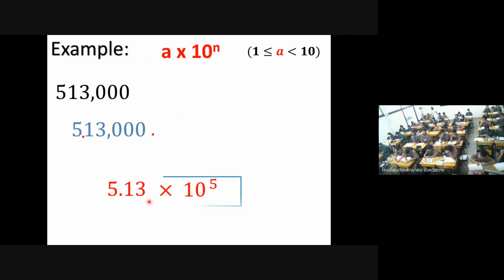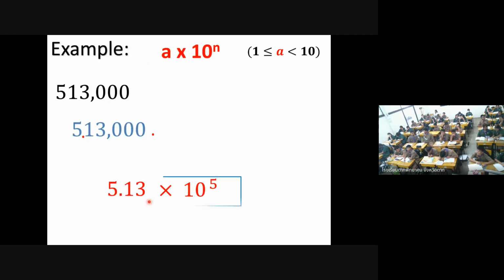Negative. So what would be our scientific notation? The answer is 9.02 times 10 to the power of negative 8. Again, since the movement is from left going to the right, our exponent is a negative number.